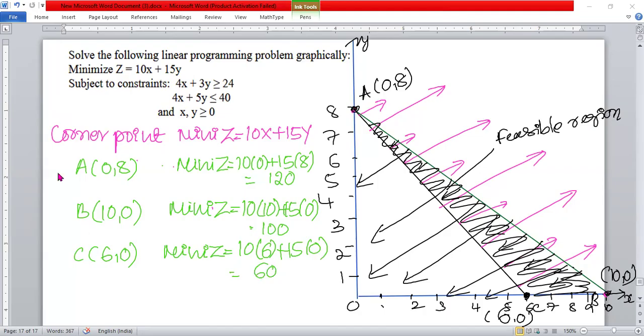So it asks for minimization, which is the minimum answer out of 120, 100, 60. So the answer is 60, the least one.